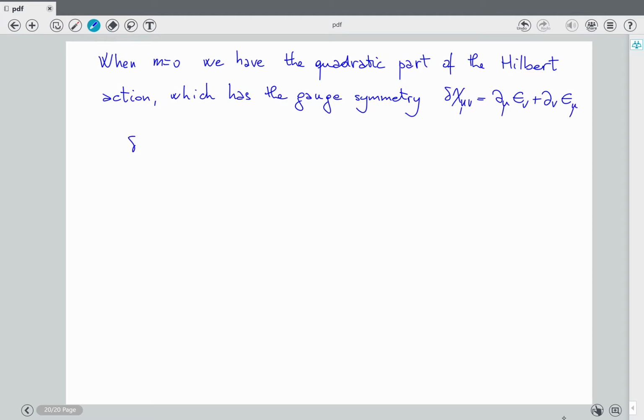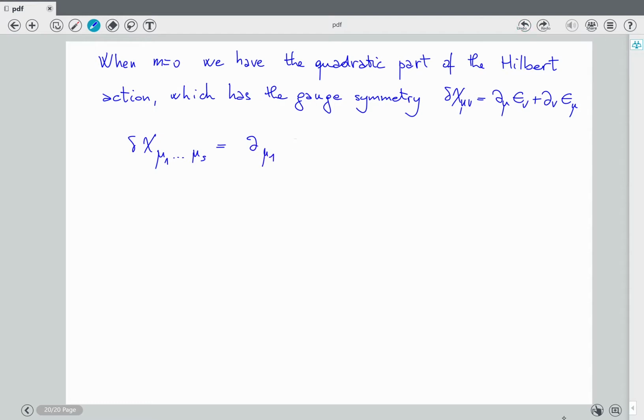In general, you can also have higher spin fields that are described by completely symmetric tensors with S indices. If you want spin S, one index for spin 1, two indices for spin 2, and they will have, in the massless case, a gauge symmetry of this form.